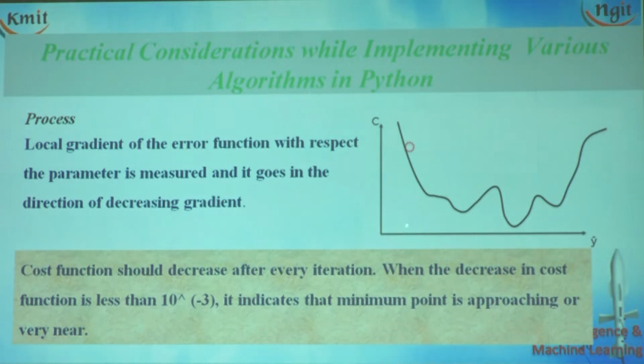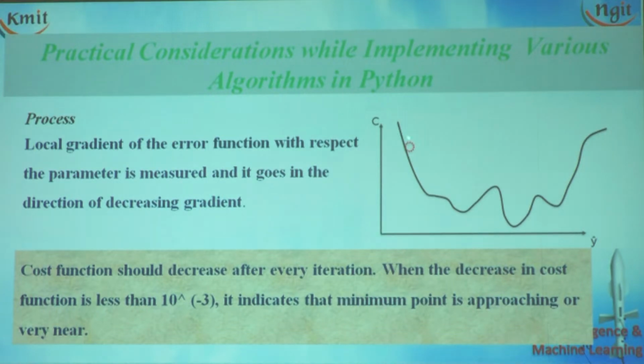This is the cost, and these are the steps. If you increase the number of steps, going step by step, our cost should go down, our cost should be low.